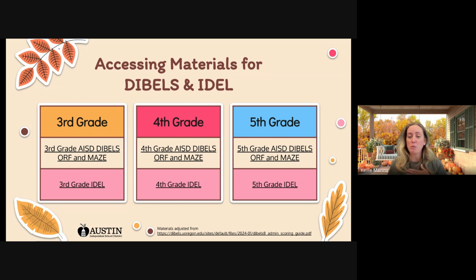So you should be able to print out one copy as your teacher copy, and then make copies for students for the pieces that you need. There's your access, and the DIBELS folders are in the chat, so you can access them from right there if you would like to. Let's walk through each of these assessments one at a time.